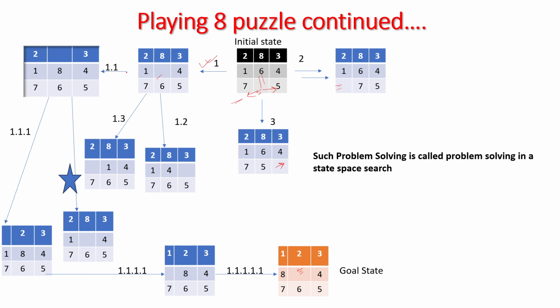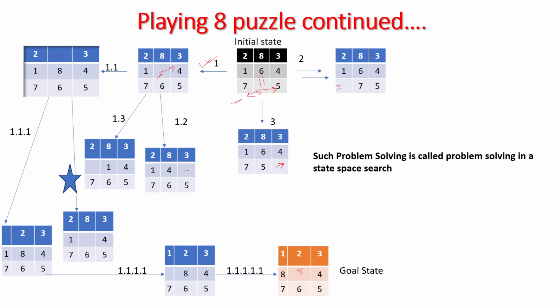So from this state 1.1, the initial state, see this empty tile will go up and 8 will come down. So this is the first state, 1.1. Then for 1.2, if we put 6 over here, we reach the same initial state. So to avoid that, we will shift it right.